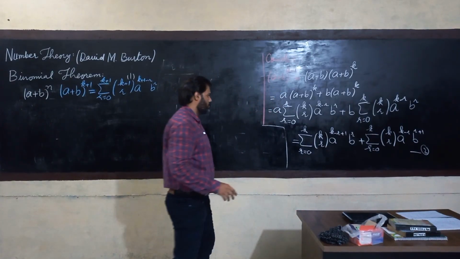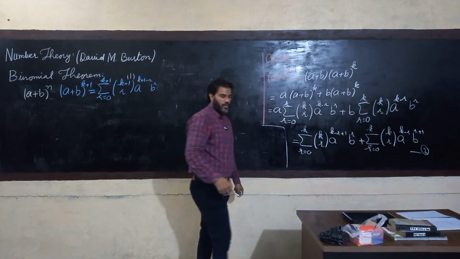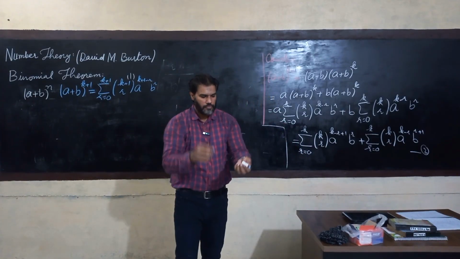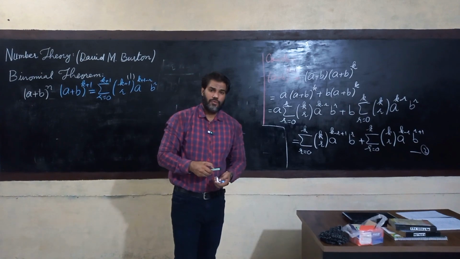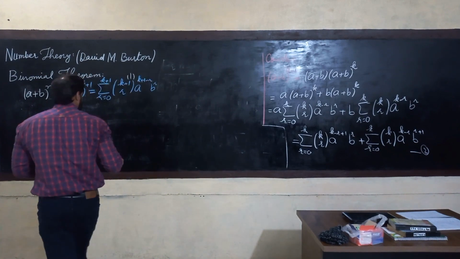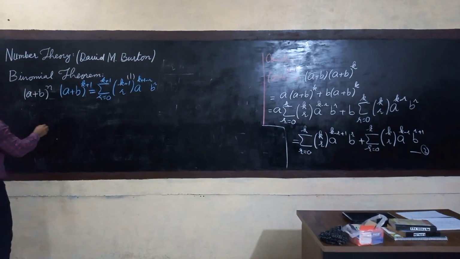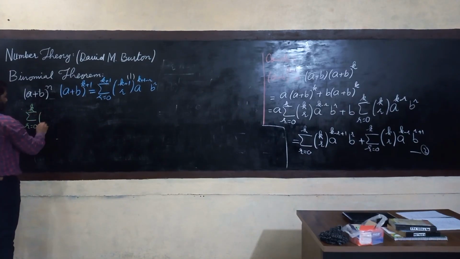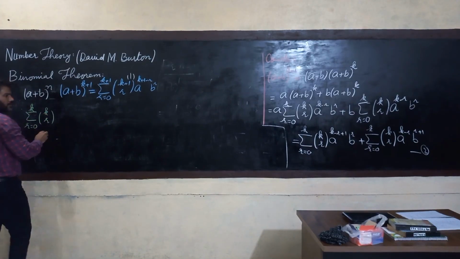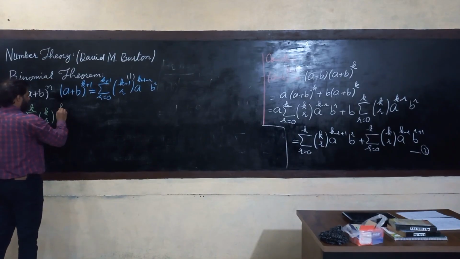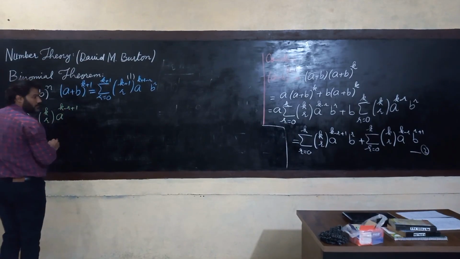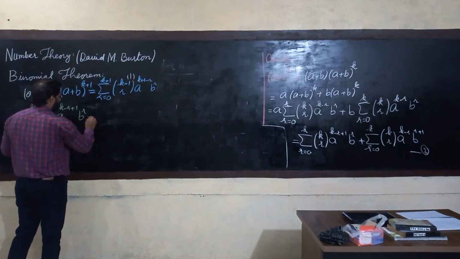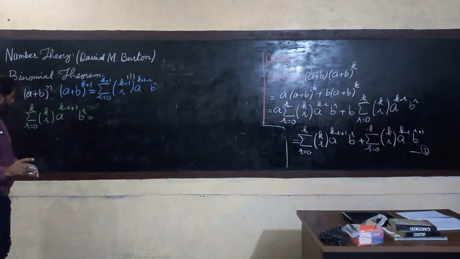Next, consider the first summation, and we break this summation only for r is equal to 0. So the first summation can be written as summation r is equal to 0 to k, k choose r, a raised to power k minus r plus 1, b raised to power r. Break this summation just for a value of r is equal to 0.